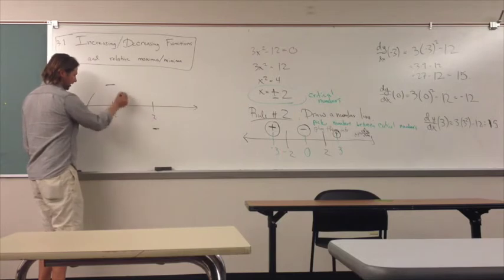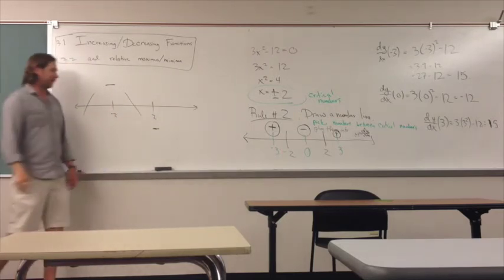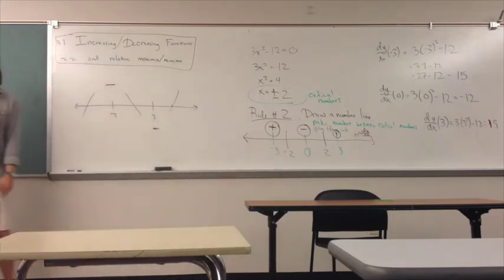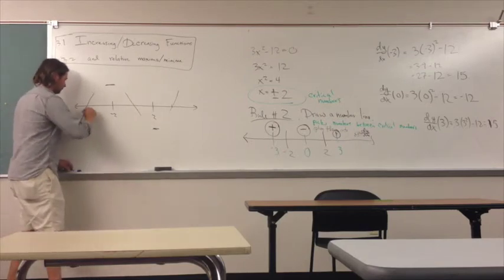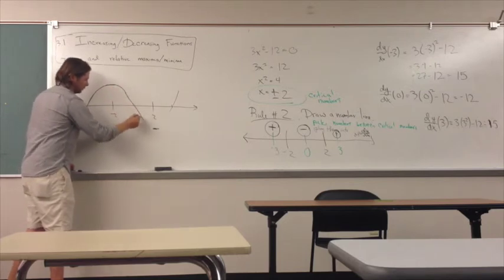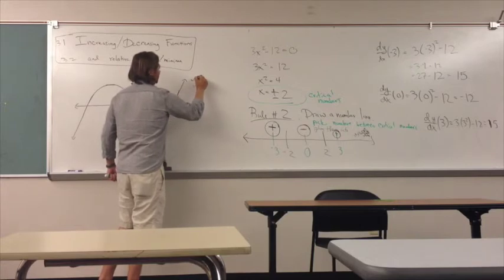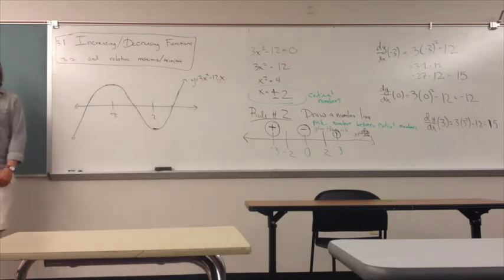At 0, it was negative, so my graph must look something like that. And then over here at 3, it was positive again, so it looks something like this. Okay? You have a fairly decent idea of what this graph looks like? Yeah. This is the graph y equals x cubed minus 12x. Okay?